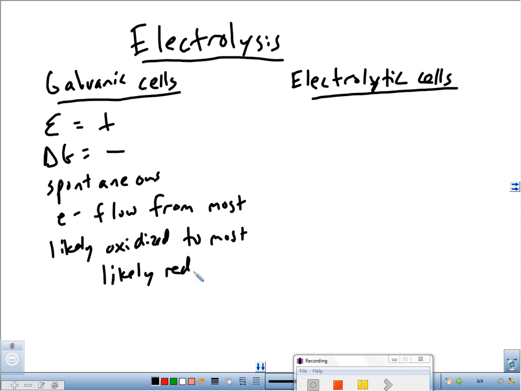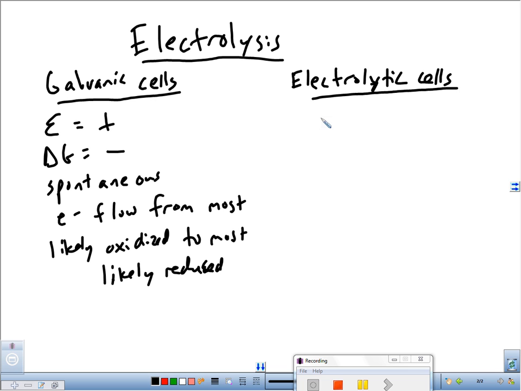Our reduction potentials tell us how much elements or compounds like electrons. And the electrons will flow away from the things being oxidized, because they are losing electrons, and go to things being reduced.